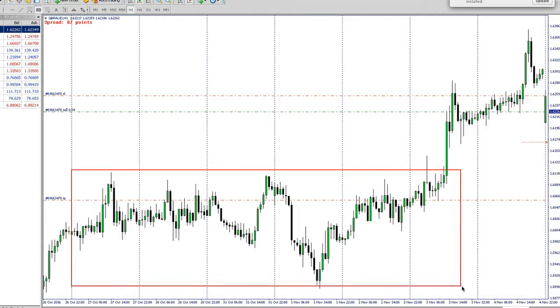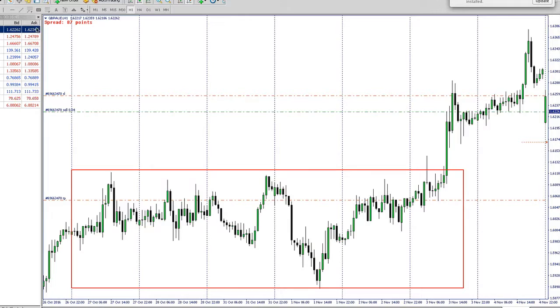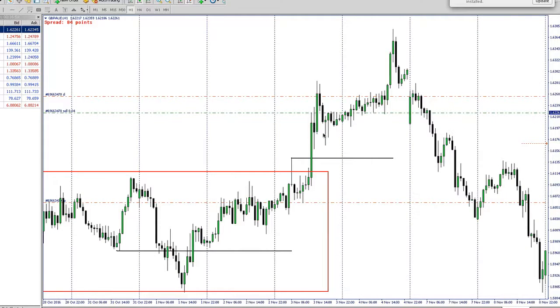So we've got range, turtle soup out, so it's the start of coming out of the range, and then you've got your mitigation there, where it doesn't quite get back to it, but still comes down near it, which is a good sign for it to rally away into a trend.